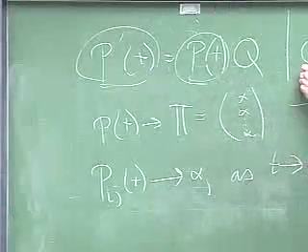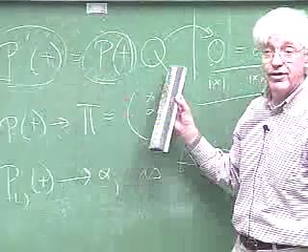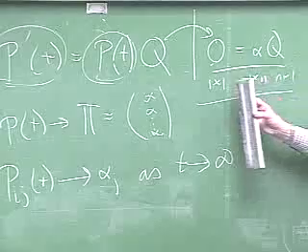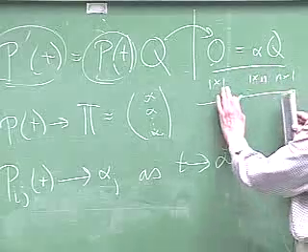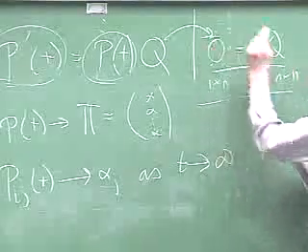This becomes 0, and this becomes alpha as t gets large. So that's just this, taking one row out of this. This should be this vector.